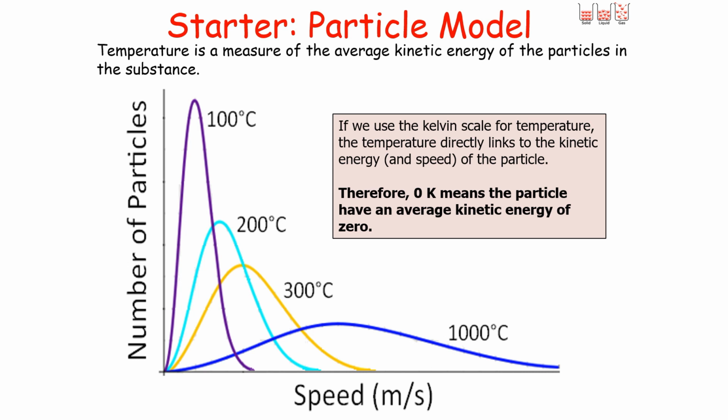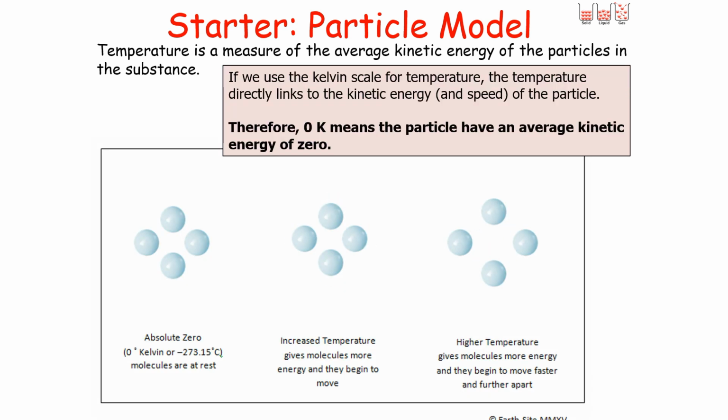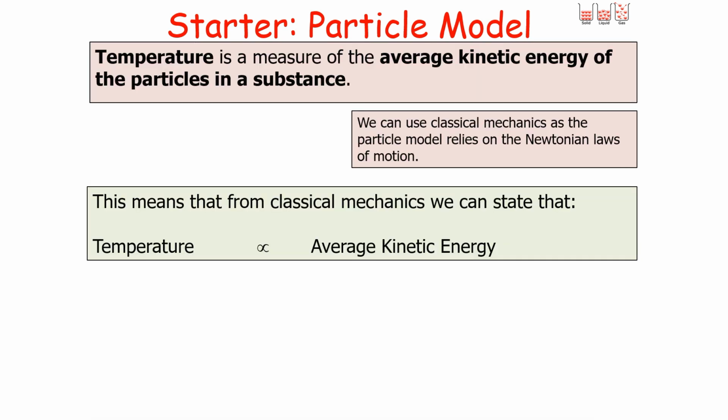So therefore 0 degrees Kelvin means that the particles will have an average kinetic energy of 0. Now you can see it in the following animation. At 0 degrees Kelvin or absolute 0, the particles have an average kinetic energy of 0, they are at rest. So we can say that temperature is a measure of the average kinetic energy of the particles in a substance.